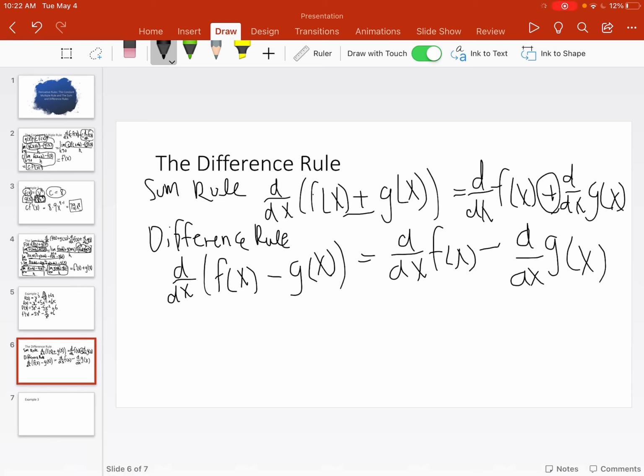There's no difference. It's just a sign change. So I'm not going to go through the limit definition of the derivative and derive this rule because it's nothing big. If you got two functions, one subtracting the other, the rule is almost the same as the sum rule. It's just that you have this minus sign.